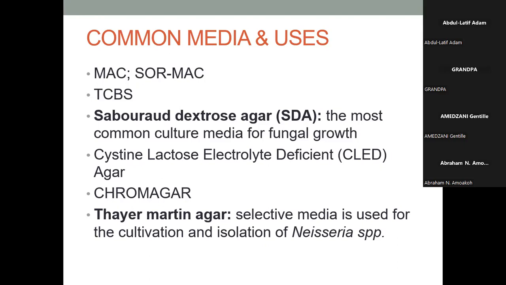Since the Sorbitol MacConkey doesn't contain lactose but contains sorbitol, it means that on Sorbitol MacConkey, E. coli O157 will behave as a non-lactose fermenter. I don't know whether you are getting it. On Sorbitol MacConkey, the sorbitol is replacing the lactose, and ordinary E. coli will ferment sorbitol, so it will still behave like a lactose fermenter.